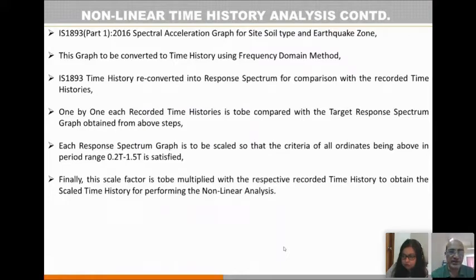Each response spectrum graph is to be scaled so that all ordinates are above the target in the period range from 0.2 T to 1.5 T, where T is the fundamental period of the building. Finally, the scale factor is multiplied with the respective recorded time history to obtain the scaled time history for performing the nonlinear analysis. These are the important steps we need to adopt.